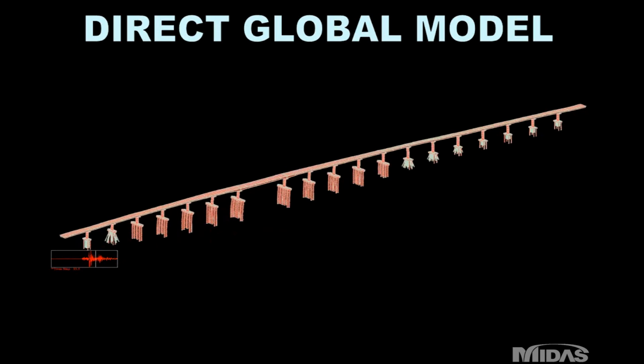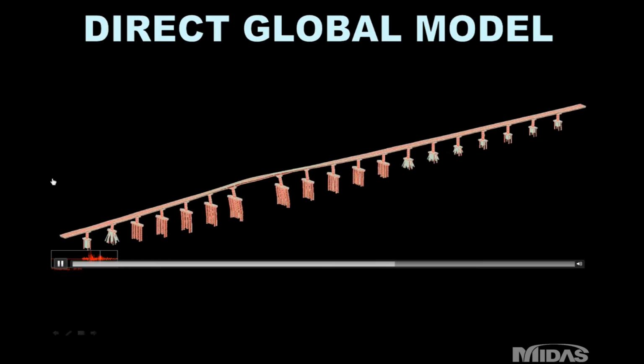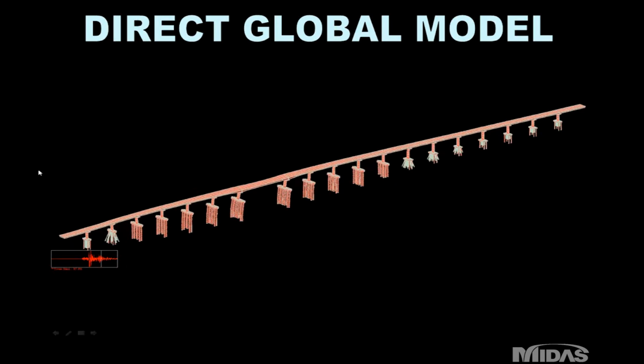So this is a direct model, nonlinear springs, everything is attached, and we have an outstanding comparison between the Midas and recorded motion, specifically in the transverse direction, which I will show to you later. I don't have the slide here, but I'll grab it and show it to you.